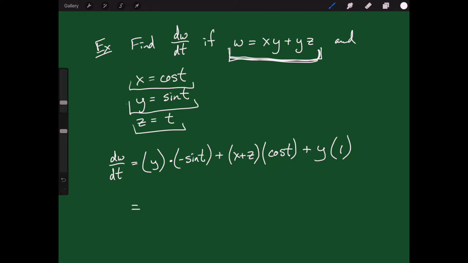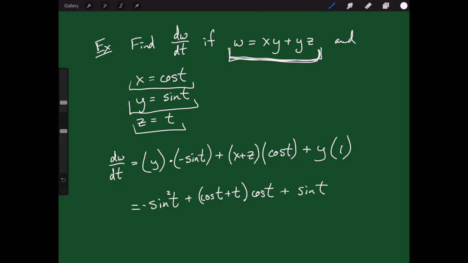So now I can rewrite and take out the x, y's, and z's, and I get sine of t times negative sine of t, which is otherwise known as negative sine squared of t. Then I get x, which is cosine of t, times cosine of t plus t times cosine of t, plus y, which is sine of t.